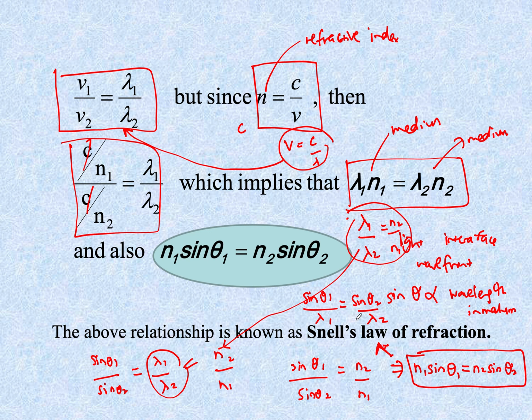For different media, there is a specific incident angle theta 1 and refracted angle theta 2. This one refers to medium 1, and this refers to medium 2. As I mentioned just now, different media have their own specific refractive index. So this is Snell's law.